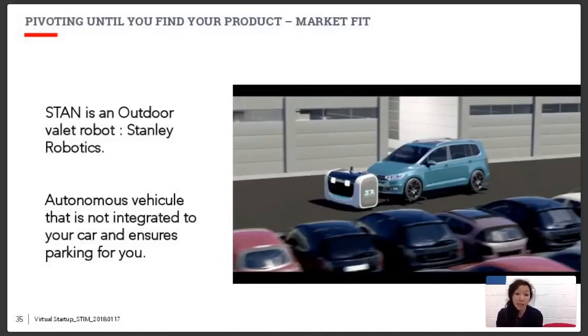So basically, Stan will ensure parking for you. It manages the parking 100% automatically. And this year, they also launched a partnership with different airports in Paris to explore this solution. So you see here, we pivot until we find our product market fit. And product market fit is often really different from what we had at the beginning.